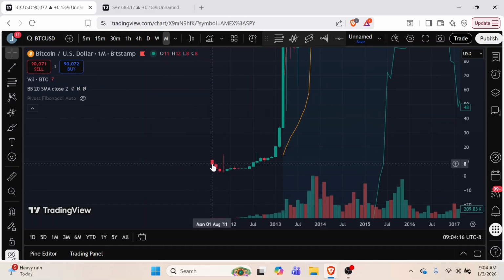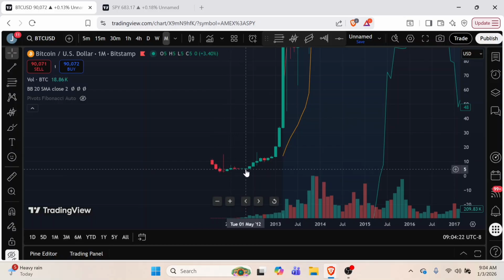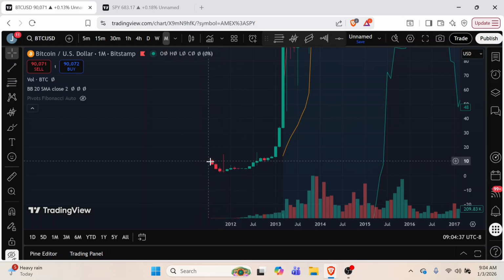Still very, very small for Bitcoin, like less than $10 for most of this time period. So really nothing to be that excited about, not something that's on the radar for most serious investors at this time. Not even connected to the US dollar yet at this point, I don't believe, unless that's literally the first month that it was connected. I'm not sure of that. Somebody correct me in the comments.